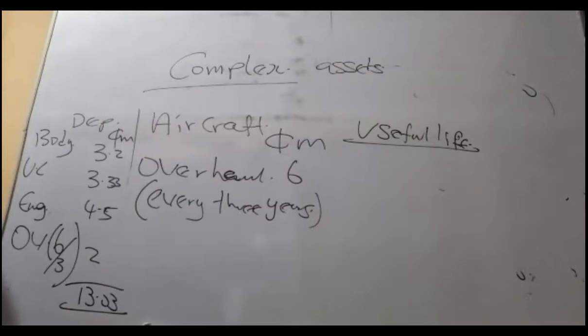Now let's go to the last section of the standard. That's derecognition. We went through the recognition and the measurement. Now we're going to look at derecognition. At what stage do you stop recognizing the PPE?